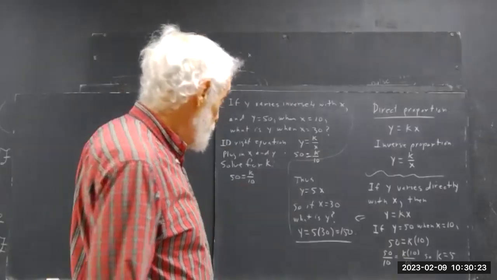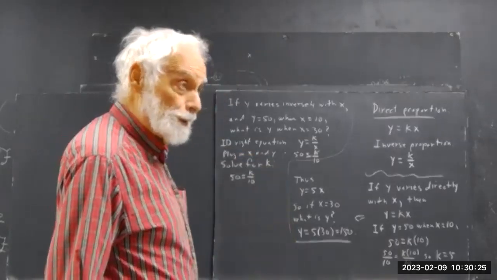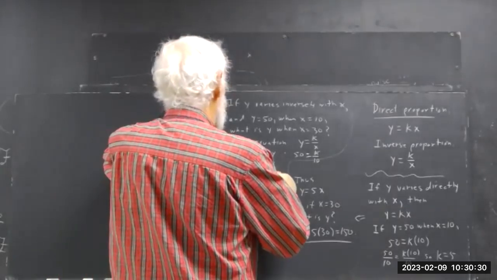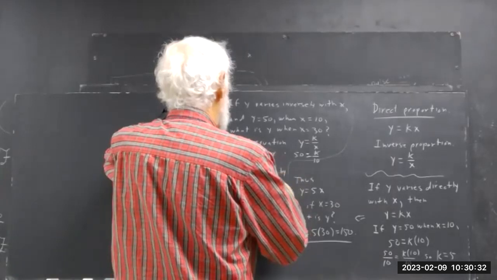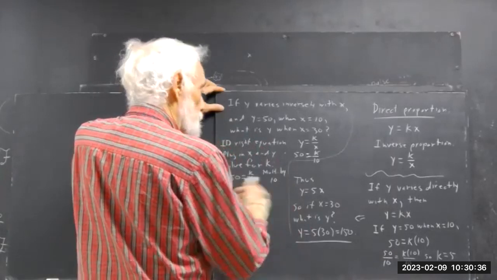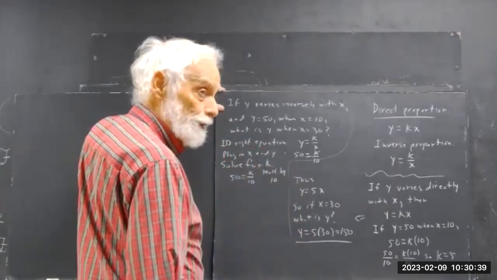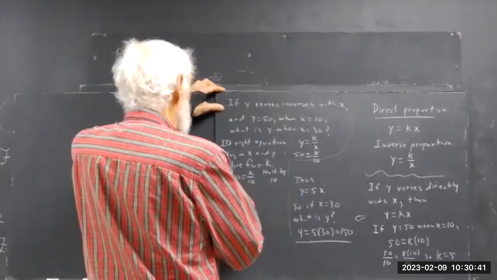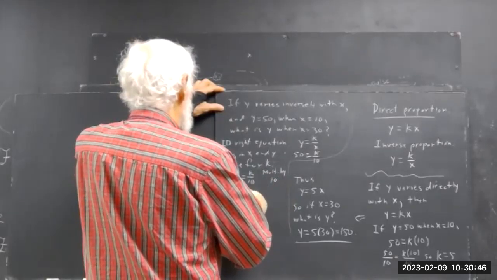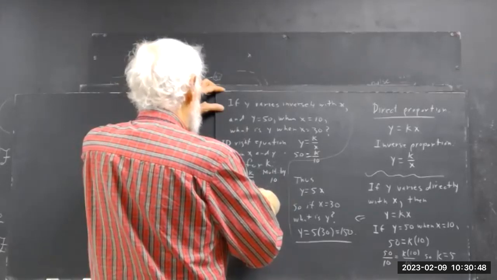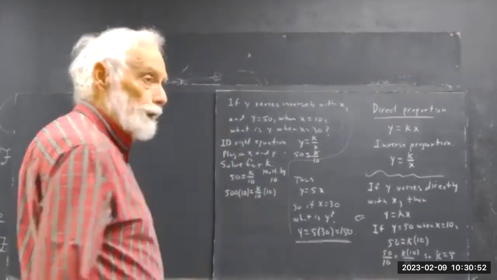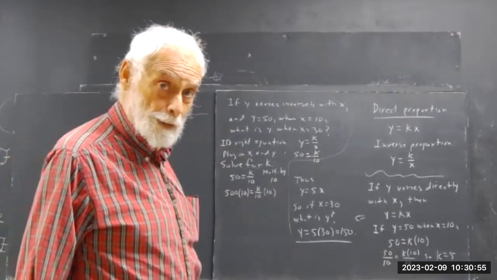We get rid of that 10 by multiplying both sides by 10. So we multiply by 10, meaning multiply both sides. I didn't have room to write in the words both sides, but that's understood when we're solving an equation. So we do 50 times 10 equals K over 10 times 10, okay?